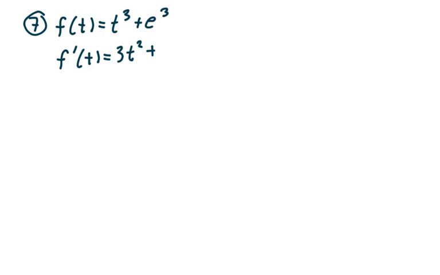But if e is constant, e cubed is constant. And the derivative of e cubed is 0. So remember, e cubed is constant. Okay? That's a constant term. And so the correct answer for number 7 is f prime of t is 3t squared.